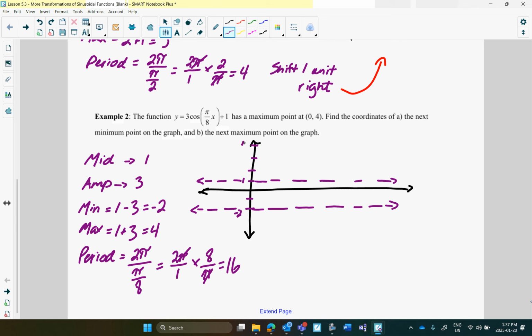I've got my max at 4. Four notches, I've got 16. And it's a cosine graph, which means it starts at the max, which happens to be 0, 4.